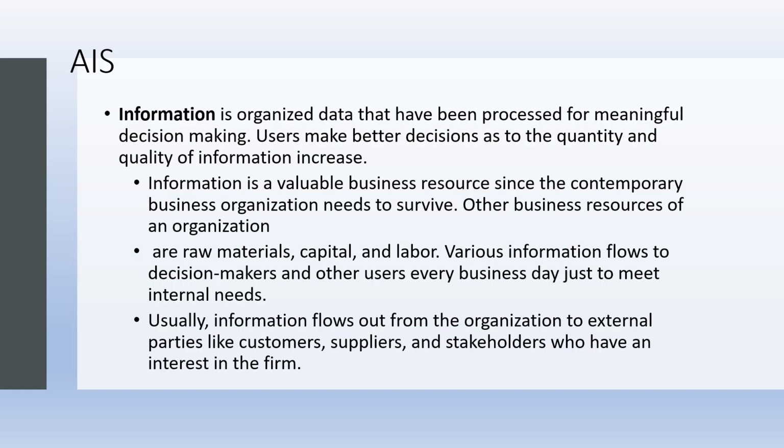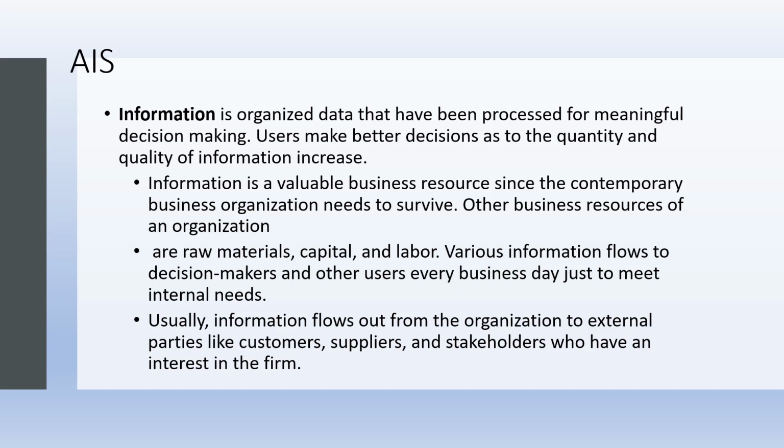So what is the difference between data and information? From the previous subject, we know that data is raw fact, while information is organized data, and information is used for decision making because it is processed for meaningful decision making.